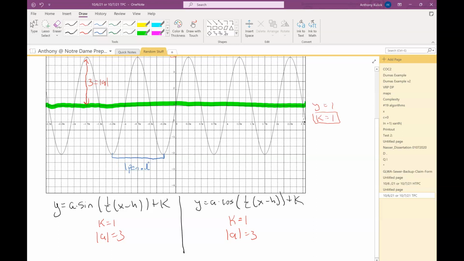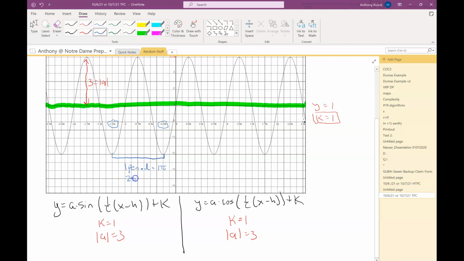I chose to do min to min because there's a little bit more room down here to work. But my first minimum happens at negative 1.25 pi. My second one at negative 0.25 pi. So to go from negative 1.25 to negative 0.25, I went 1 pi. Okay.